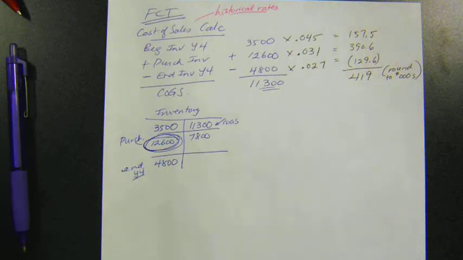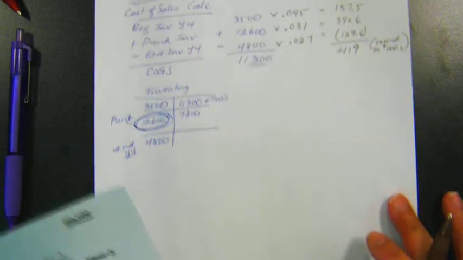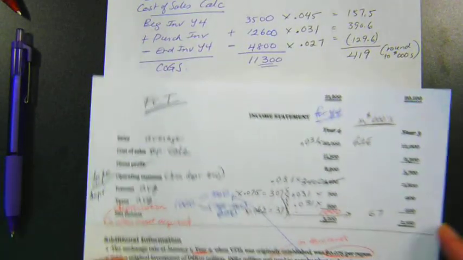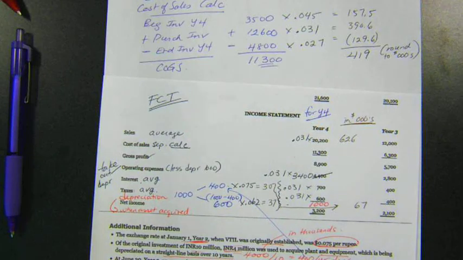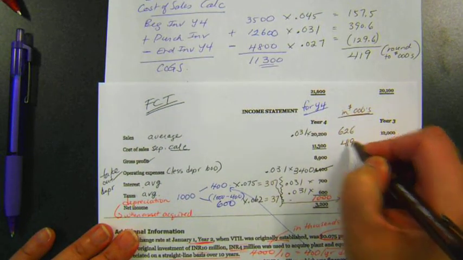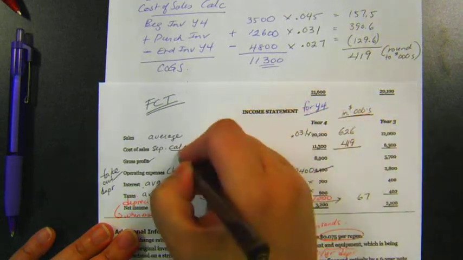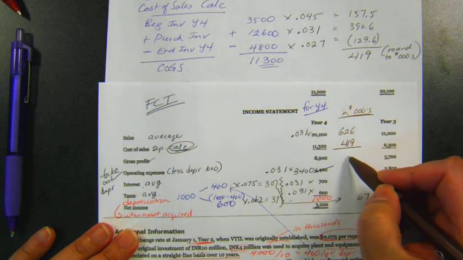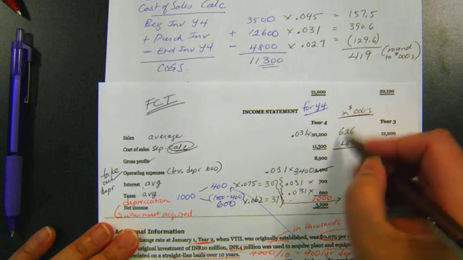So, now that we've done that calculation, we can go back and put that number under cost of sales. Oops. So cost of sales here is $419. And it's from a separate calculation, which means our gross profit we just subtract to get 207.